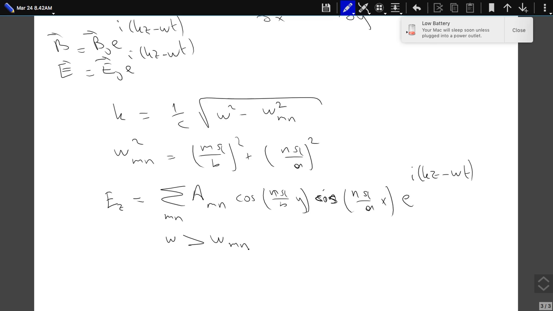So these omega_mn values are a kind of cutoff frequency. Each of these modes has a characteristic cutoff frequency, and you can only create electromagnetic waves oscillating faster than that cutoff in that mode.